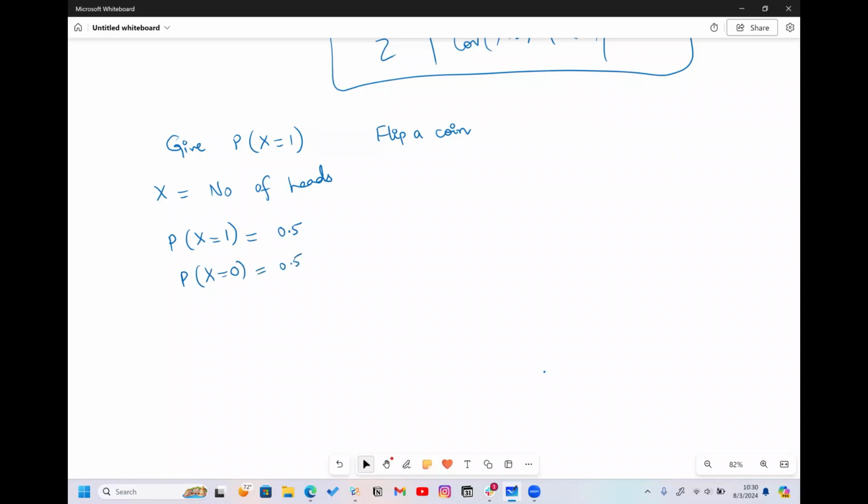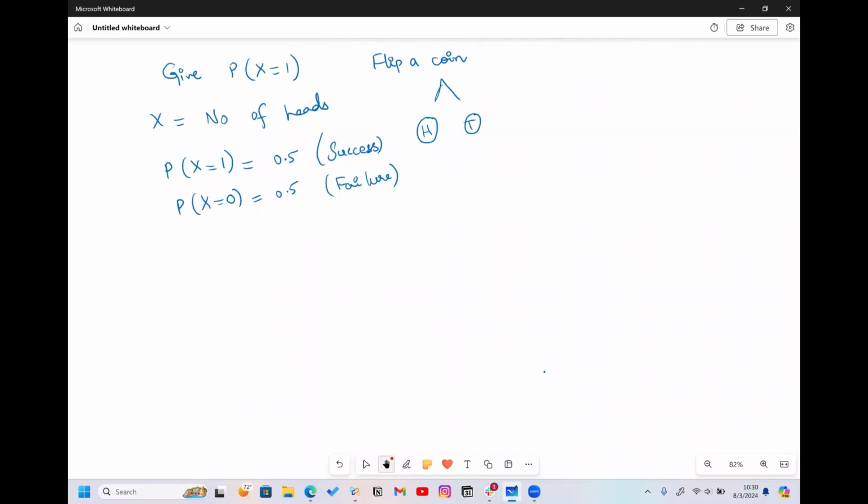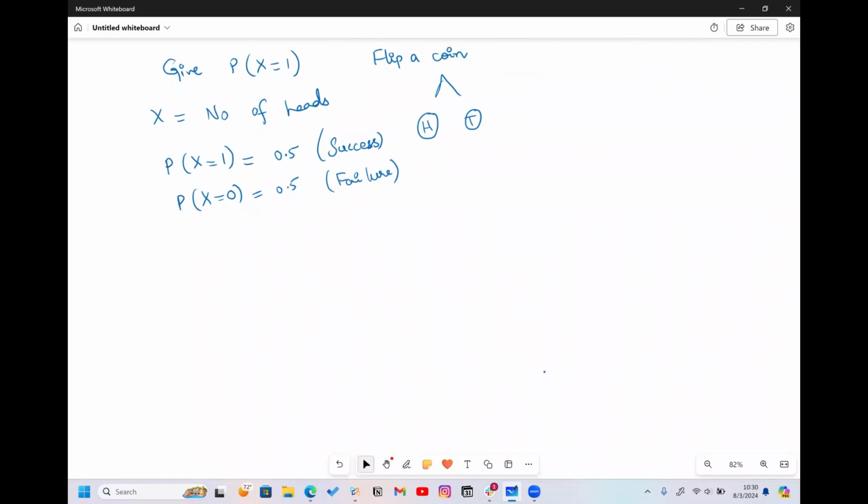We know this, right? In a Bernoulli trial, this is called a success because we are looking for the number of heads, and this is called a failure. When we flip a coin, we either have heads or tails. Another example: if you're throwing a dice, what is the probability that it lands on 1?